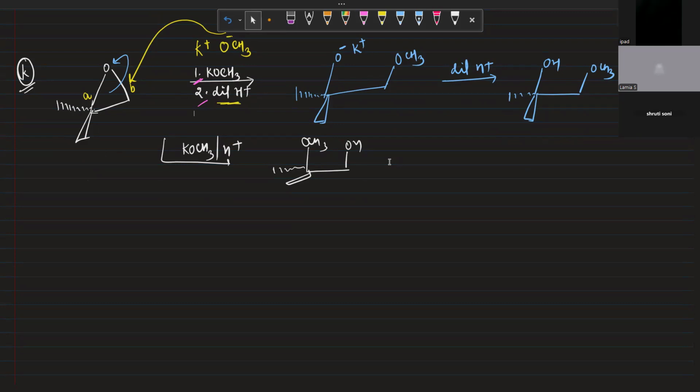Organic reactions, the second page. POCl3, pyridine we covered. HBr, HCl, I know those.